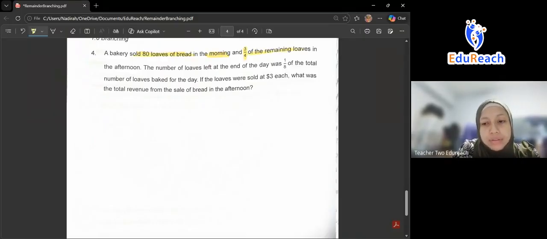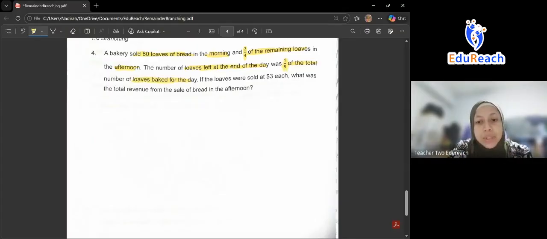3/4 of the remaining loaves afternoon. Loaves left at the end of the day was 1/8 of the total loaves baked for the day. Okay.